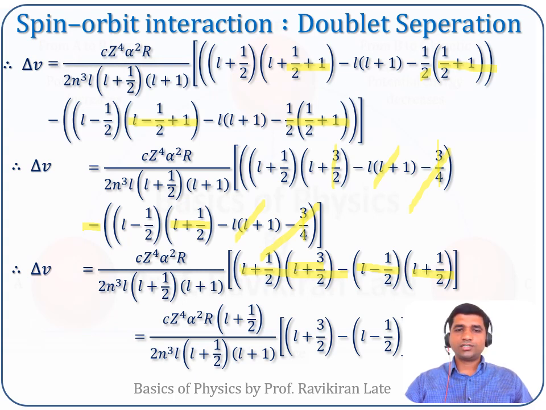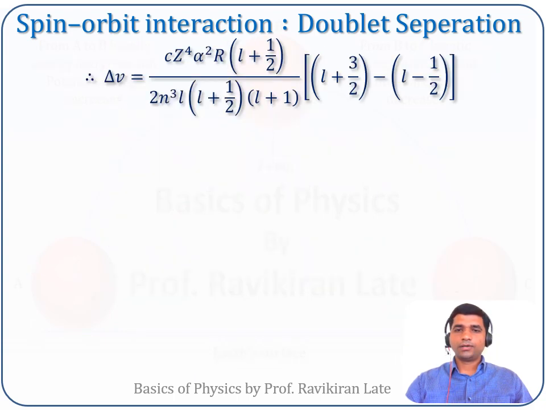Now here you can see in this expression you have an L plus half term in the first term, and in the second term you have the L plus half term at the end. So L plus half, you can take it outside. So you can write L plus 3 by 2 minus L minus 1 half. L plus 3 by 2, that is the second term, we are writing as it is, minus this term will be as it is, which is L minus 1 half.